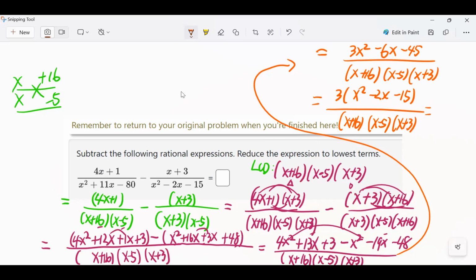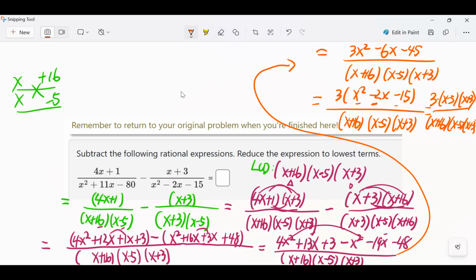Up top, when you factor these three terms, it becomes 3 times x minus 5, x plus 3, over x plus 16, x minus 5, x plus 3.